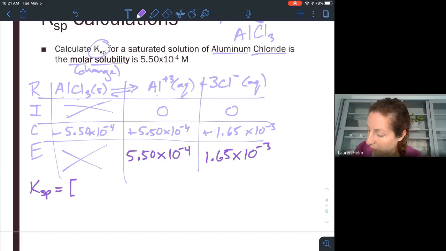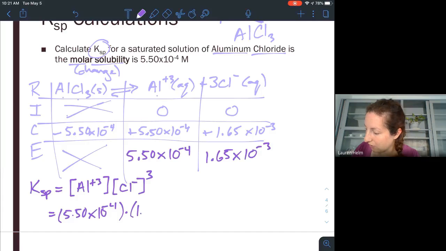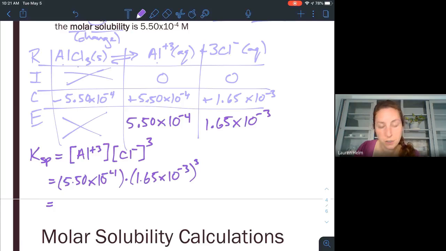So we have aluminum ion times chloride ion cubed because of the coefficient. Plug in what we know: 5.5 times 10 to the negative fourth times 1.65 times 10 to the negative third, cubed. Plug that in on our calculator, and we get a Ksp of 2.47 times 10 to the negative 12.